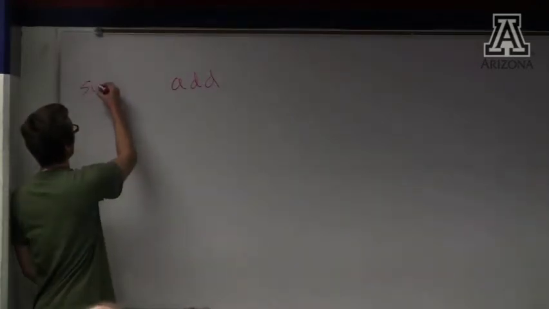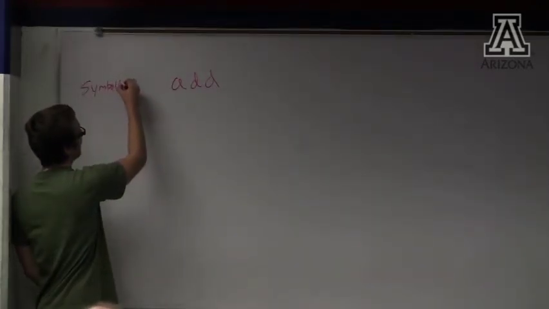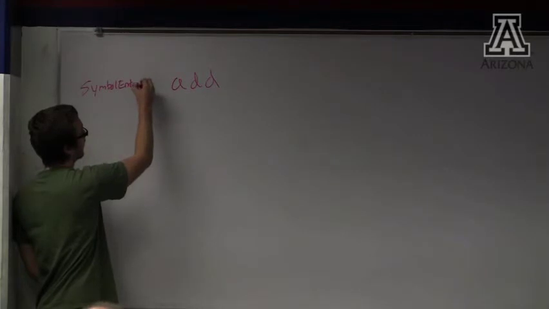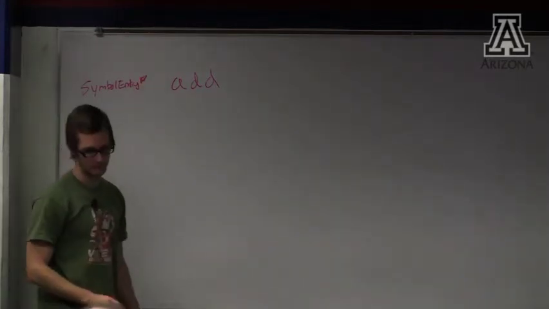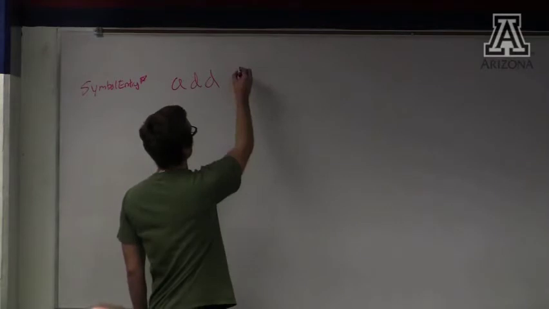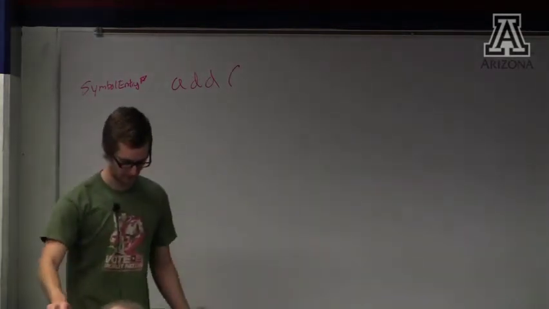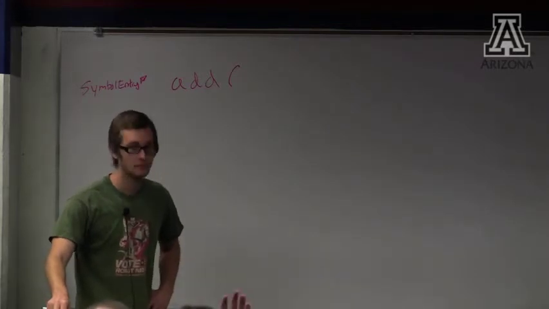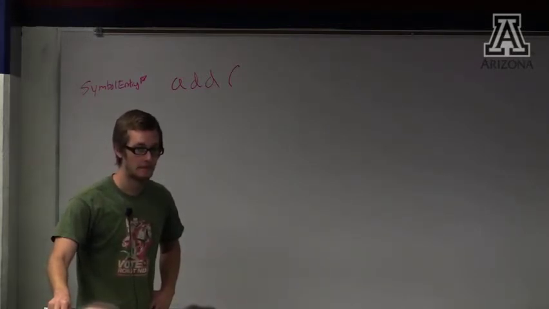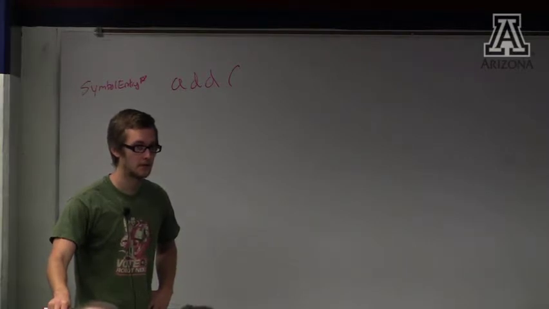I'll say our return type will be symbol entry pointer. Okay, so we probably want parentheses here. What might our parameters be for an add symbol? Keith? Symbol entry star table. So you're adding to which table?